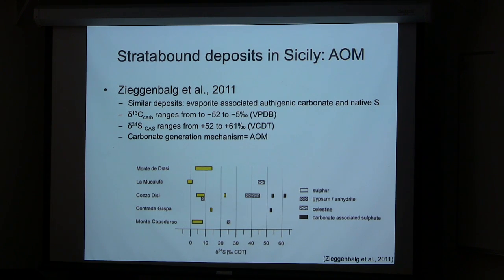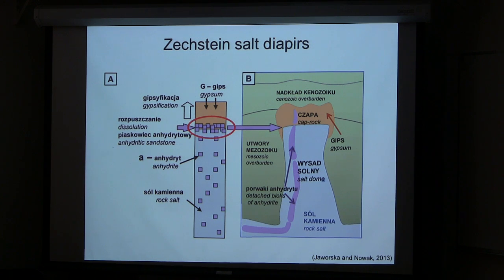And then we also took a look at studies done by Jaworska and Nowak on Zechstein salt diapirs. So these are salt diapirs that exist within Poland and northern Germany. And it became evident to us that some salt domes lack a carbonate caprock. So you can see here that these Zechstein salt diapirs only have this gypsum caprock overlying this salt stock.